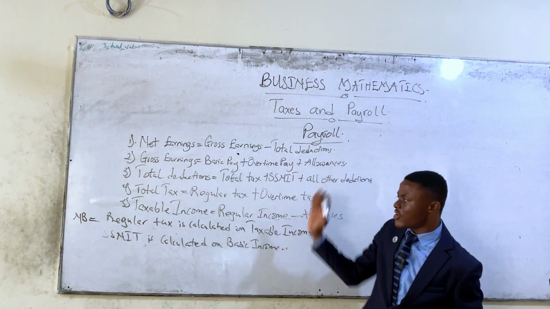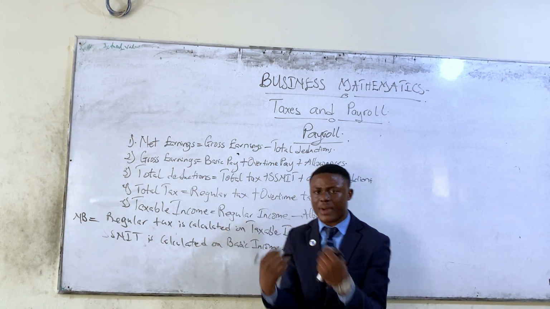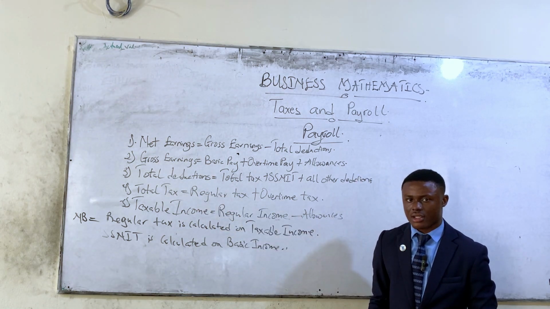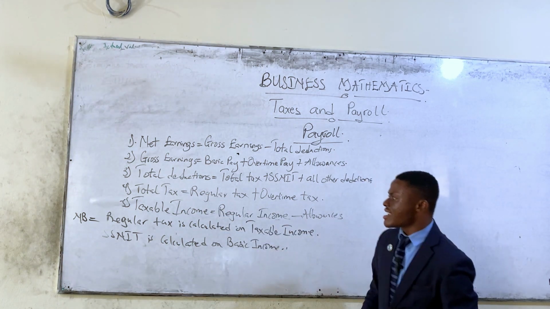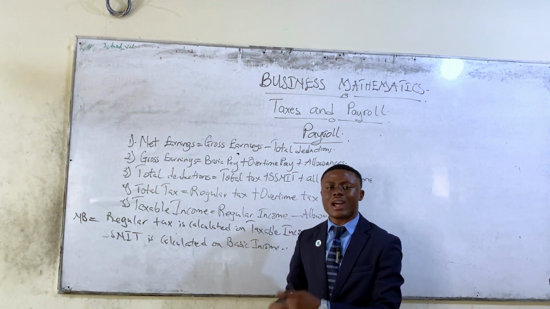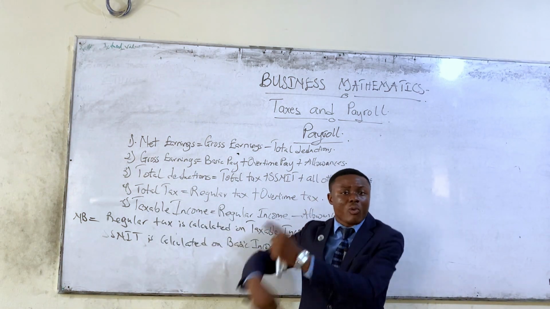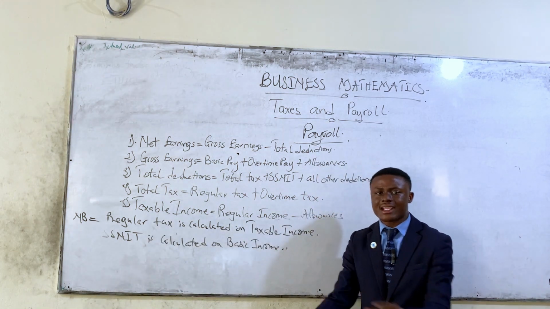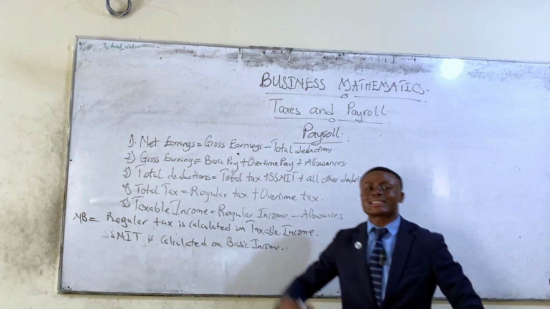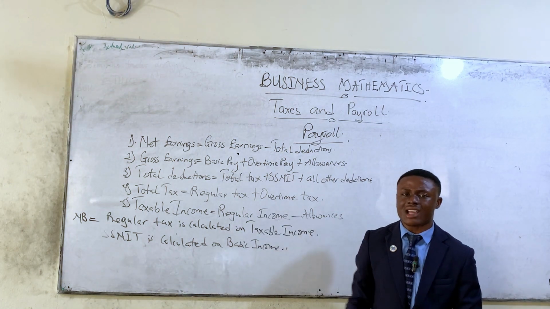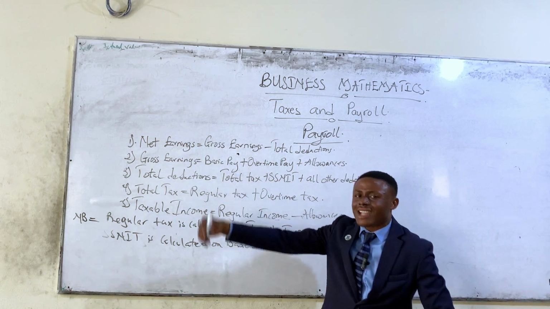So you use this schedule to find the regular tax depending on what? The amount of money that you have earned. Are we good? Great. And this overtime means the number of hours you worked or overworked. So if you're expected to work regularly for like 8 hours a day and you had worked 10 hours, the 2 hours addition to the 8 hours becomes your overtime what?